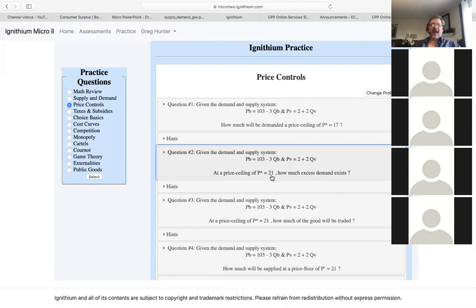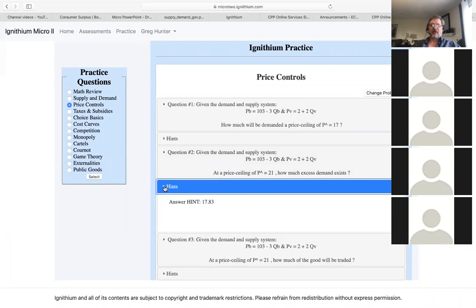So from that, Priscilla, the excess demand should be how much? $17.83. Priscilla, good job. Pretty straightforward, right? You just took the difference at a price of 21. I like to think about it this way, though it's not literally this way: it's like they're shoppers and each one buys one unit.